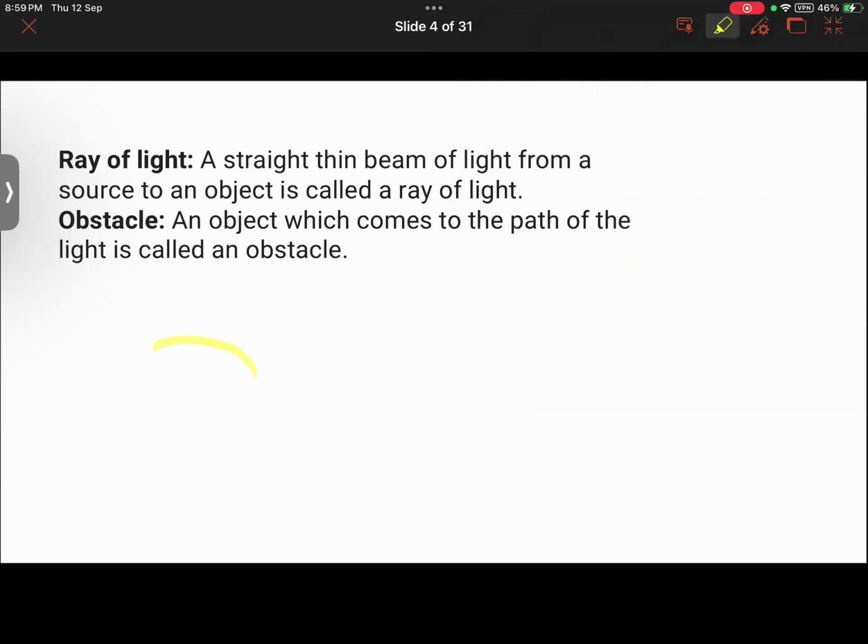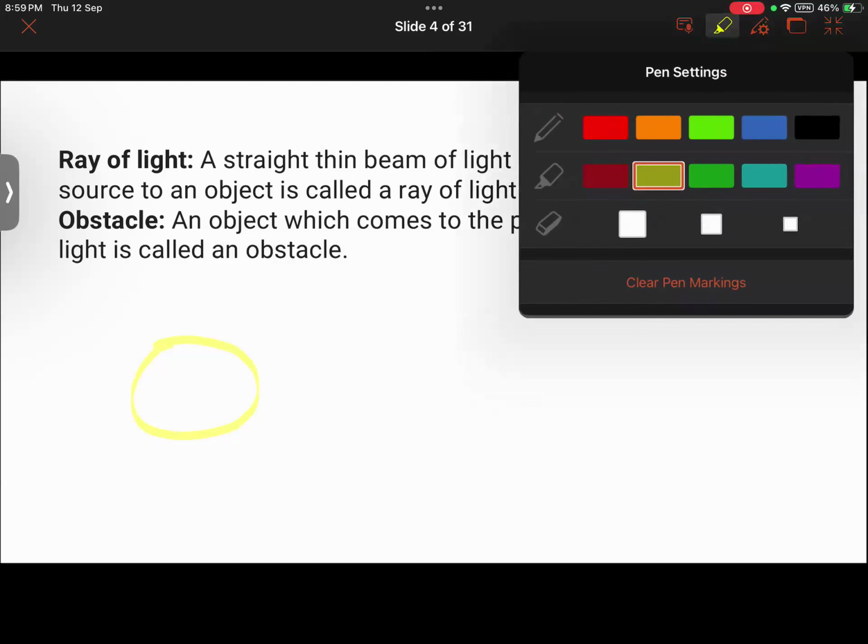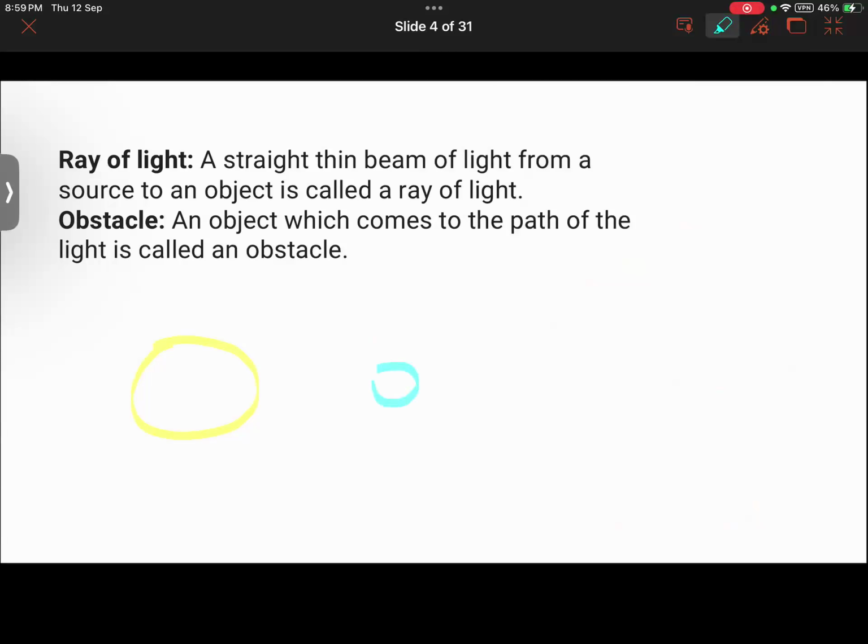Say that this is the sun. Here we have the Earth, and here you have the moon. So when the Earth comes in between the sun and the moon, what happens? The sun's light will get obstructed due to the Earth.